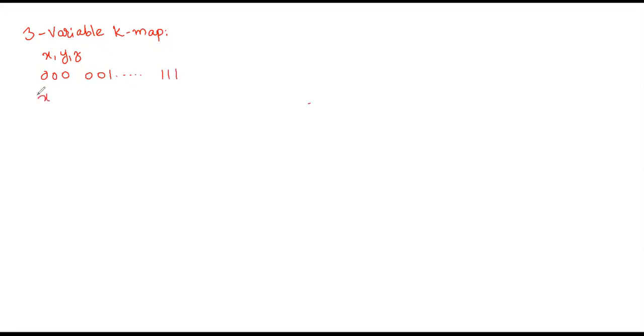So here the minterm is X bar, Y bar, Z bar, then X bar, Y bar, Z, up to X, Y, Z. This is minterm 0, minterm 1, up to minterm 7. So totally 8 minterms you are having.